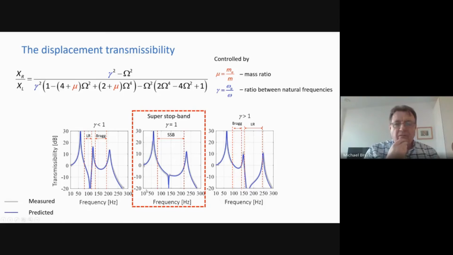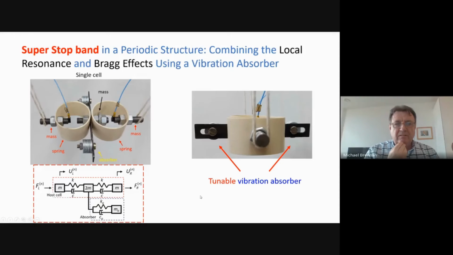I could just add a comment. Paulo, can you put the previous slide on, please? Yeah, right. Okay, so it's really important that you have the ability to tune the vibration absorber when it is fitted to the structure, because it is very sensitive, as Vinicius said.